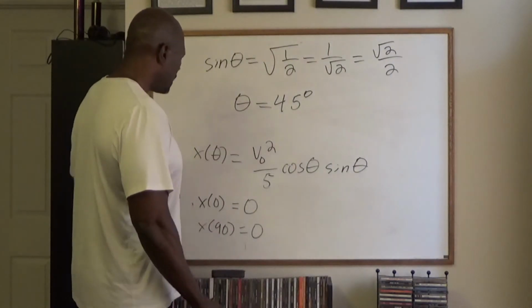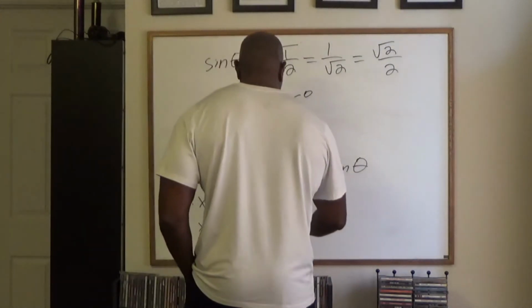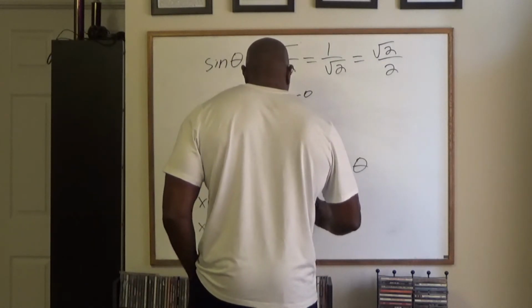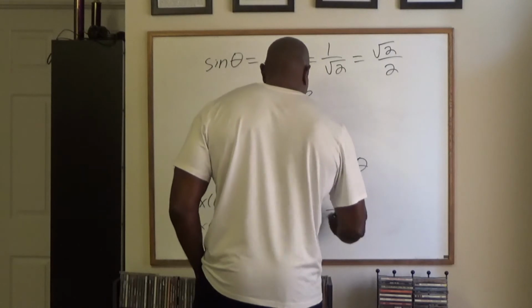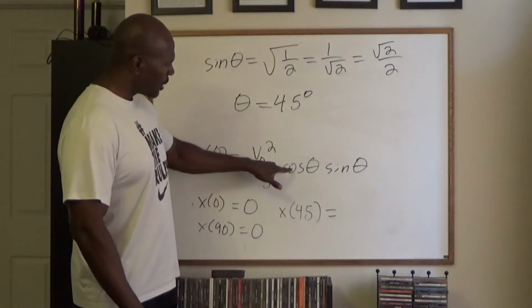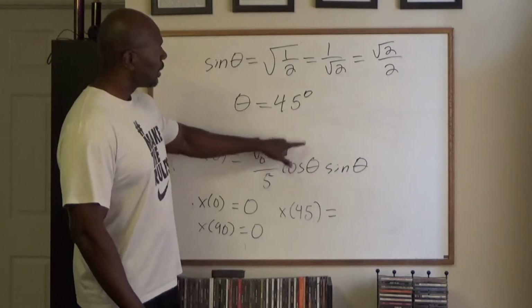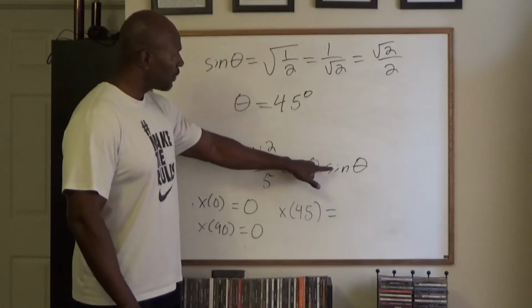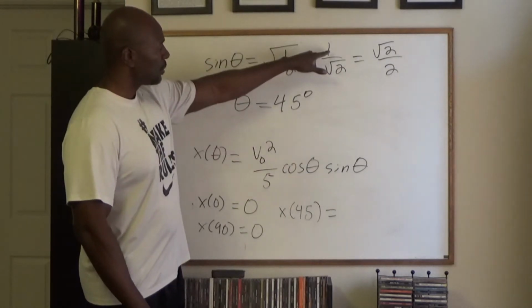Now, if I plug in 45, cosine of 45 is 1 over the square root of 2. The sine of 45 is 1 over the square root of 2.